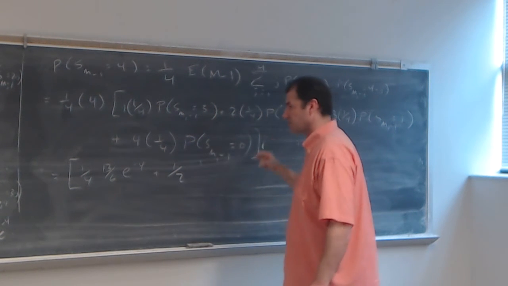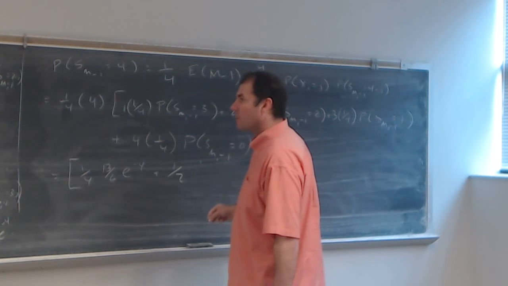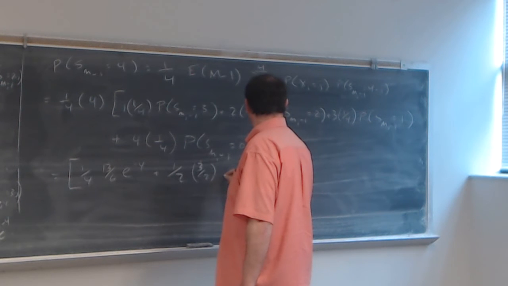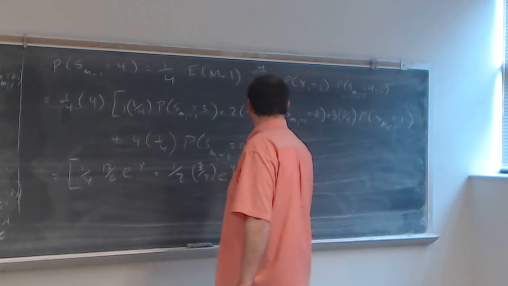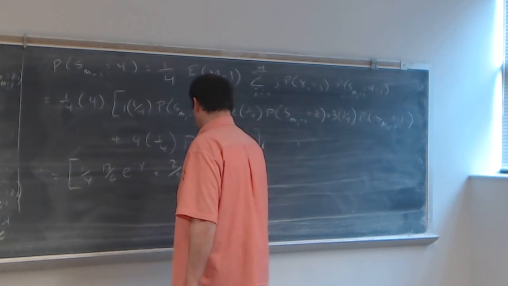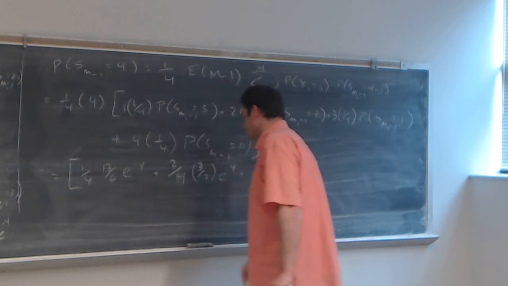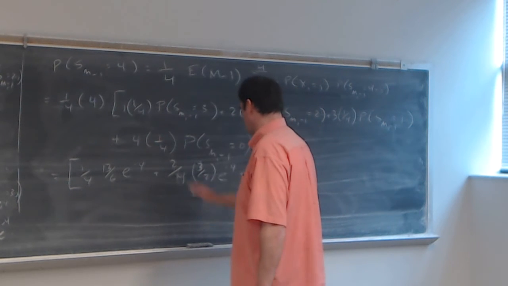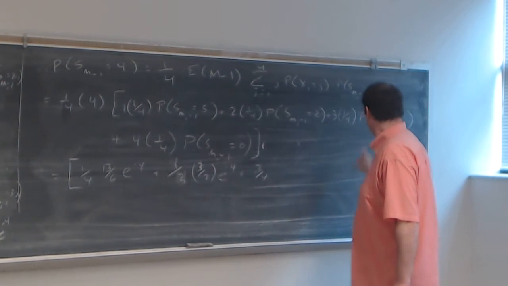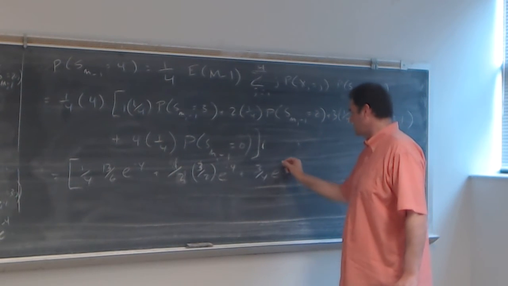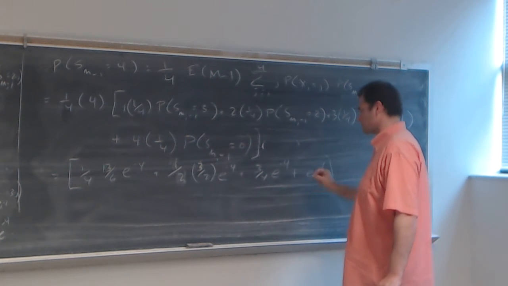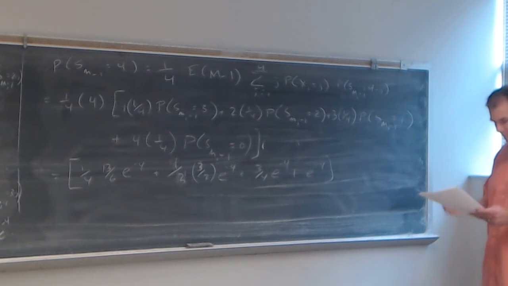Here we had computed this, and I think it was 3/2 times e to the minus 4 plus, this is 3/4. Let's make this 2/4. And then 3/4, and then this was e to the minus 4, and then finally plus e to the minus 4. Okay, I think that's what's involved.